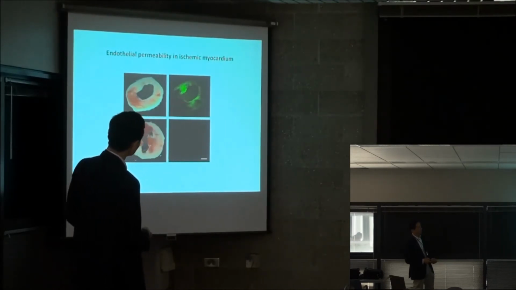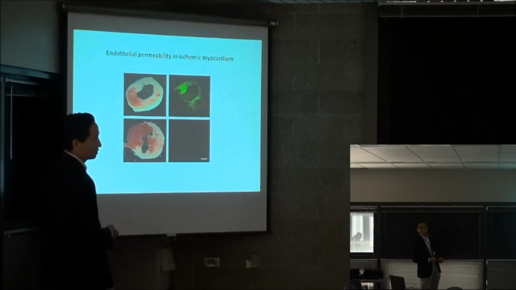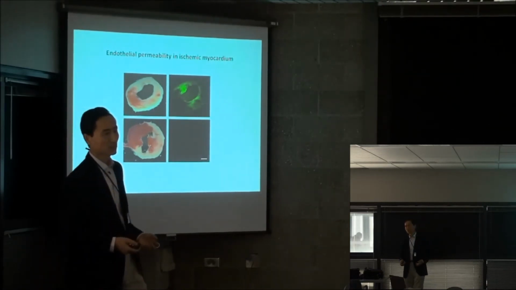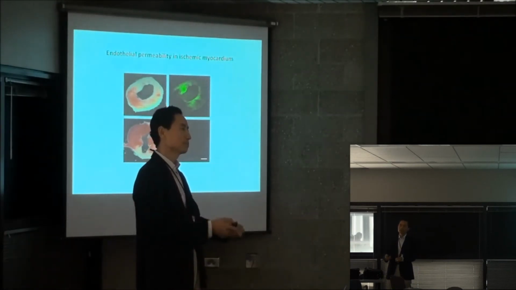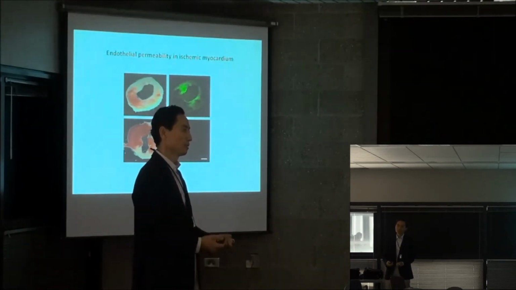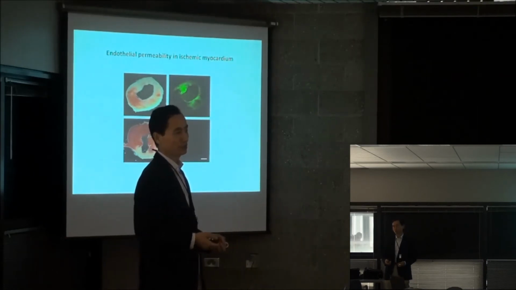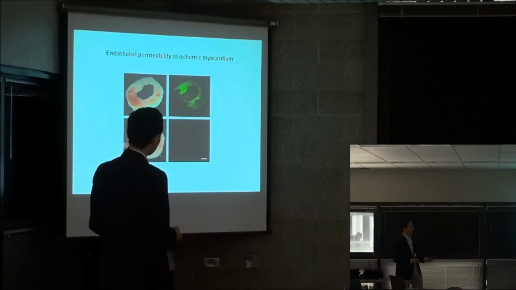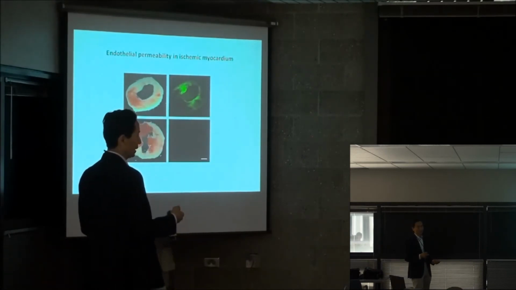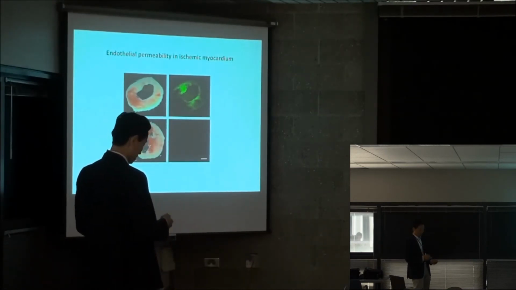This is because in the injury area, the permeability of endothelial cells increased, allowing protein to diffuse from the blood compartment into the interstitial compartment. This shows simply that any injected protein can end up in the lesion.